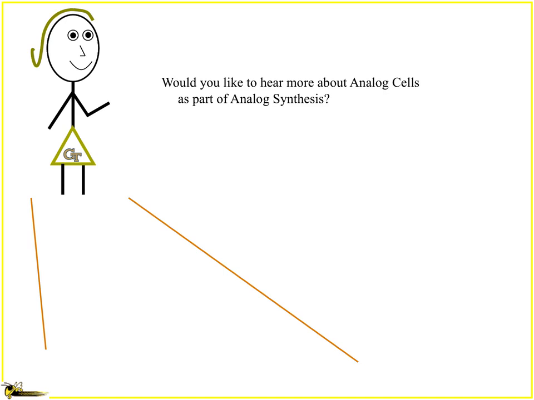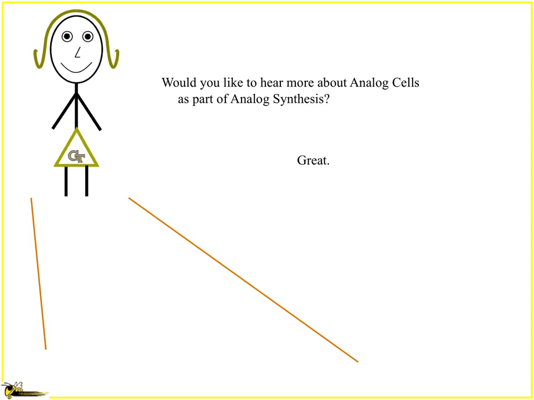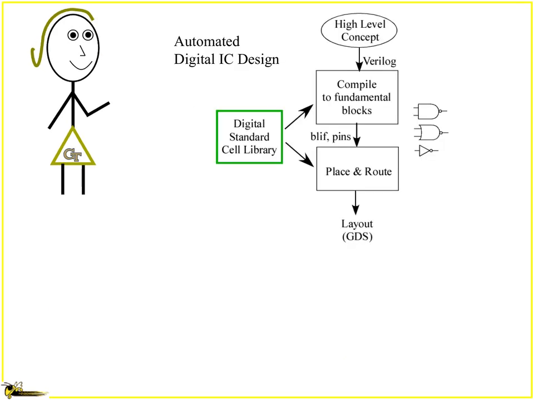So, would you like to hear more about the analog cells and standard cells as part of an analog synthesis? You would? Great! So, when you start to think about synthesis, we immediately start by thinking about what automated design looks like in the digital space. It starts off as a whole range of high-level concepts that go to Verilog that we compile down and do place and route to layout.